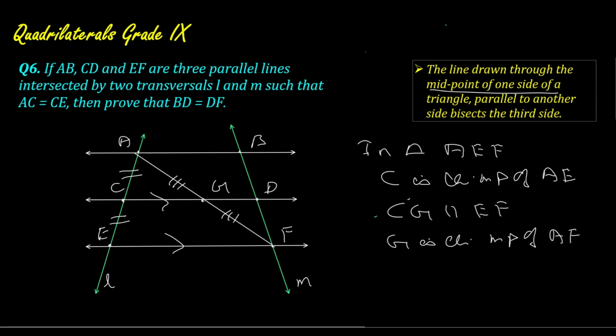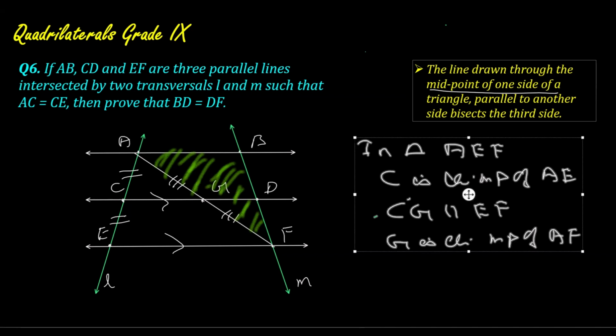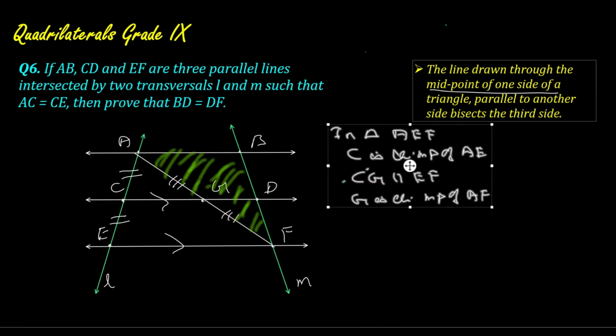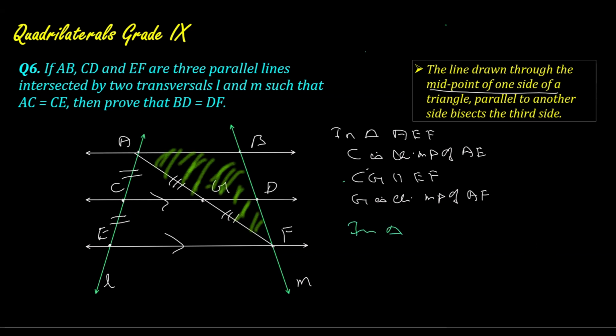Now next we are going to consider another triangle, and the triangle this time I'll consider is this one. Look into this triangle. Now over here, we already have the midpoint of one side given. This time the triangle is ABF. We know that G is the midpoint of AF, and this line GD is given parallel to AB.